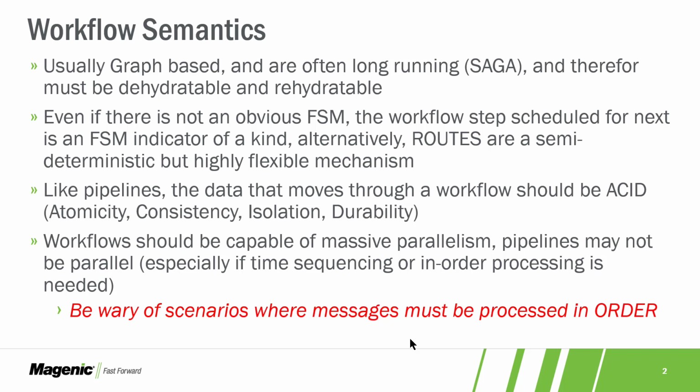And really good workflow systems try to maximize or allow for parallelism, and that allows the whole system to have throughput. This is especially important for workflows that can't all be done in one temporal line, that have periods where they're waiting for something and are hence dehydrated and rehydrated.